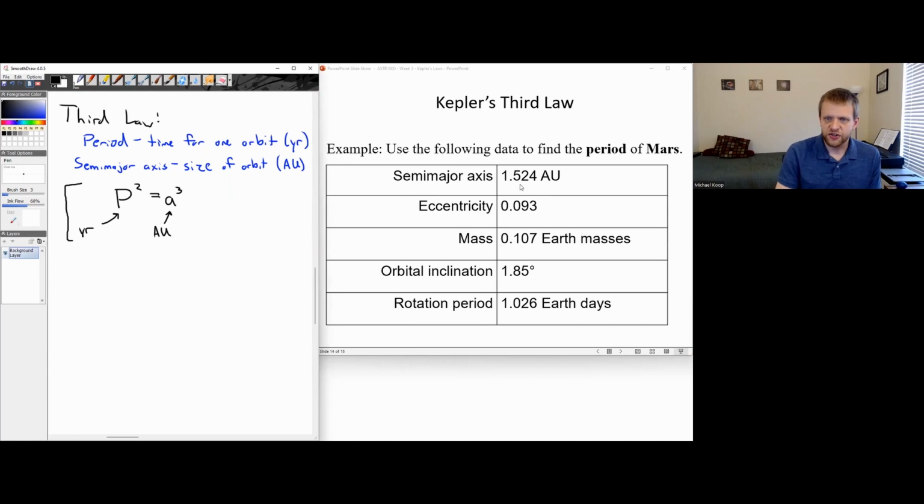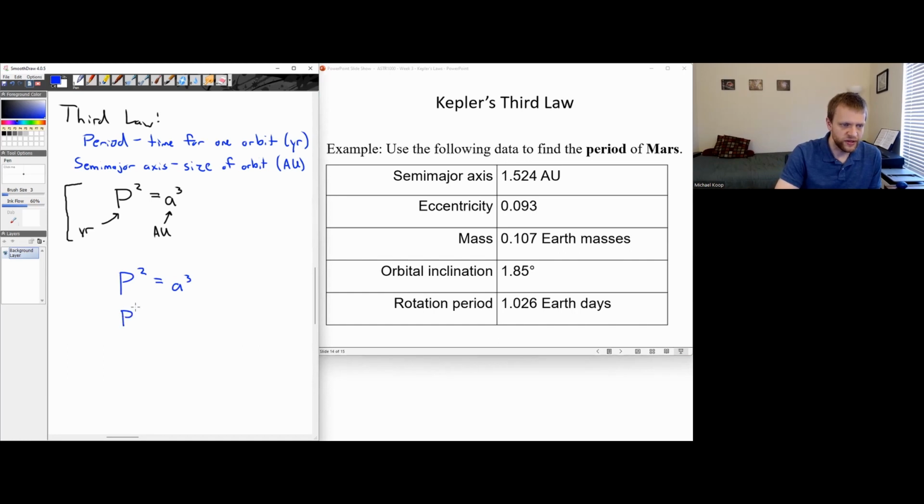Well, in this case, we're given the semi-major axis, and we're being asked to find the period of motion. So let's start with Kepler's third law: period squared equals the semi-major axis cubed. Whenever you're using an equation, I do recommend you start by copying one of the equations from your formula sheet without making any substitutions.